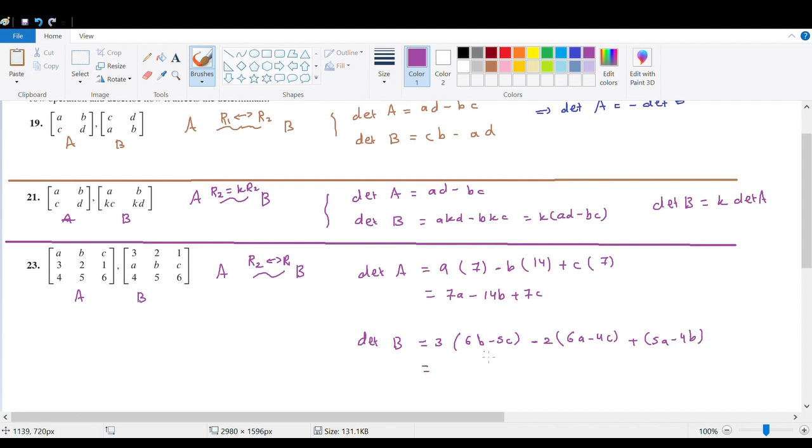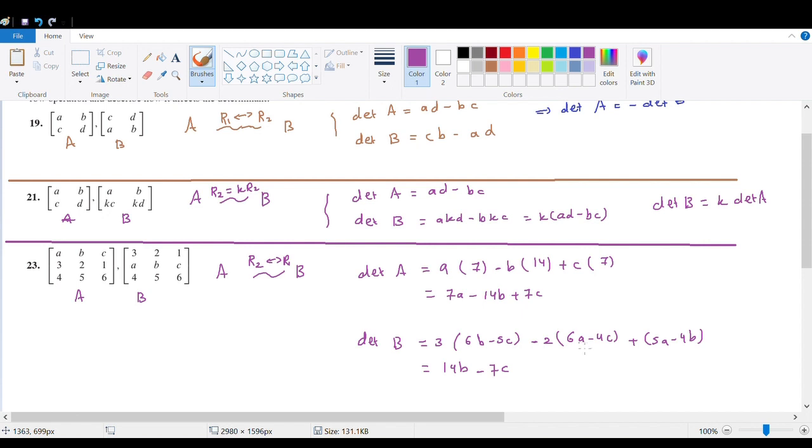Now if we add, here we have 3 multiplied by 6, 18b. Then here we have minus 4b. So 18 minus 4 will be 14b. Now for c we have minus 15c. Here we have plus 8c. So this will give us minus 7c.